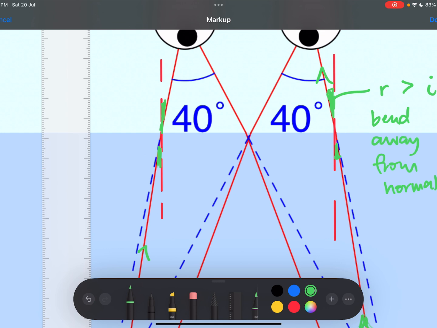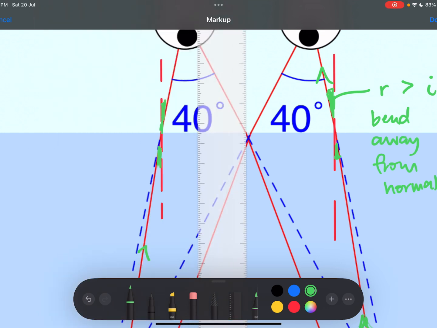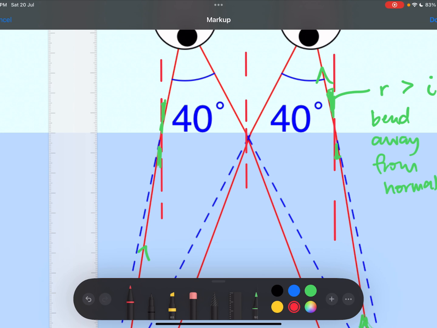It's not so obvious here. Maybe I draw the middle one. Okay, much better. So, this light ray is going towards the eye. This is my angle of incidence, and this is my angle of refraction. So can you see that I is less than R, or R is greater than I, and hence it is bending away from the normal.